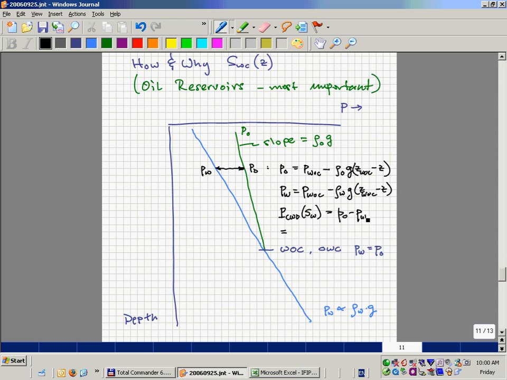This cancels here, and we get g times (Z_WOC minus Z) times density of oil. No, it would actually be, oil minus, so it would be water minus oil.